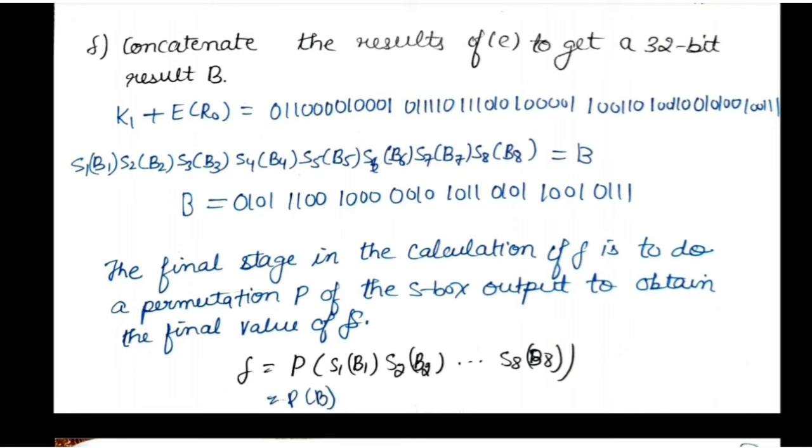Similarly for S8 B8 it is 0111. So the B value is the concatenation of these values, and since these are 4 bits each, 8 times 4 is equal to 32. So this is a 32-bit result B.